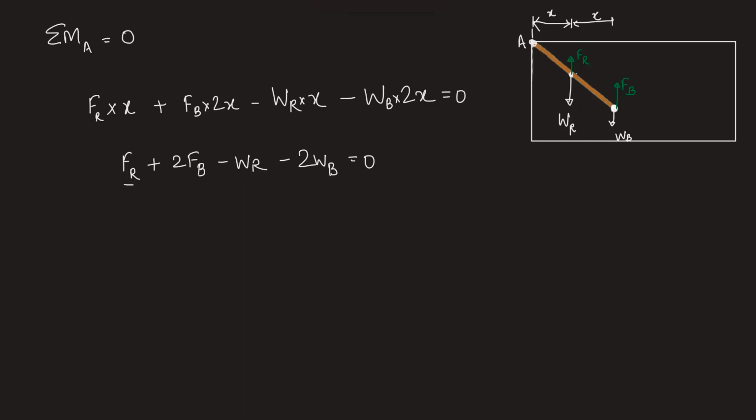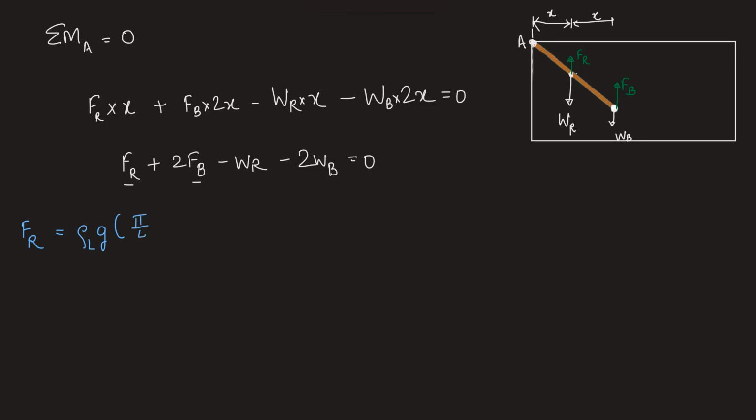So buoyancy forces FR and FB can be written as: FR, buoyancy force on the rod, will be equal to weight density of liquid, which can be written as density of liquid rho L into G into the submerged volume. So submerged volume of rod will be the complete volume because complete rod is being submerged.